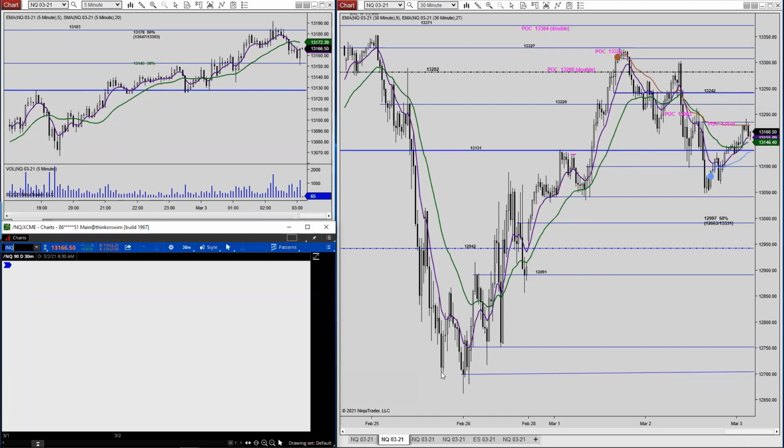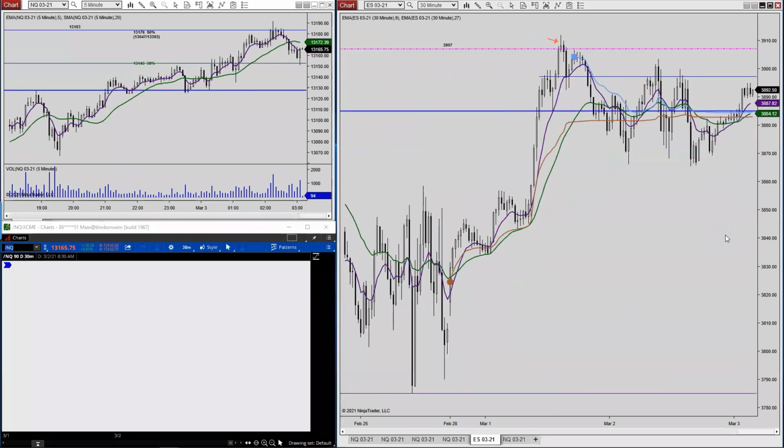Taking a look at the S&Ps, same thing, a little bit of a rebound off of those lows too.